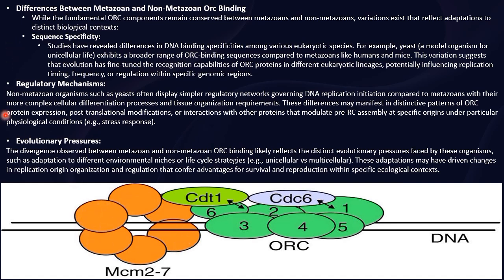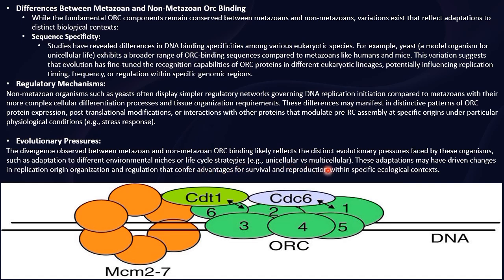Now, the third point is evolutionary pressure. The divergence observed between metazoan and non-metazoan ORC binding likely reflects the distinct evolutionary pressure faced by each organism, such as adaptation to different environmental niches or life cycle strategies, unicellular versus multicellular.